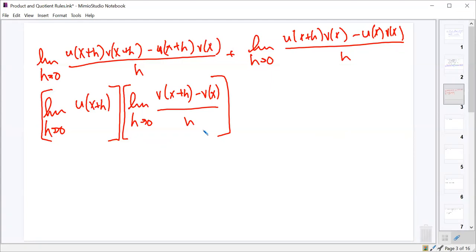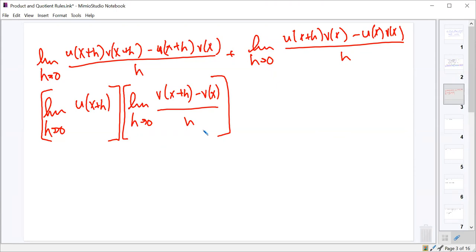How come I put it with the one that I did put it with, and not with the other one? Do I recognize something about that? Well, that's just the derivative of v of x. Right, exactly. That's the limit as h approaches 0 of v of x plus h minus v of x all over h, which is the derivative of v of x.